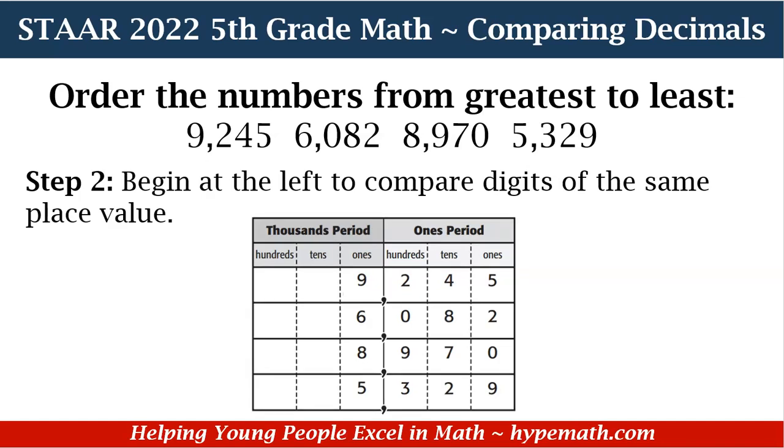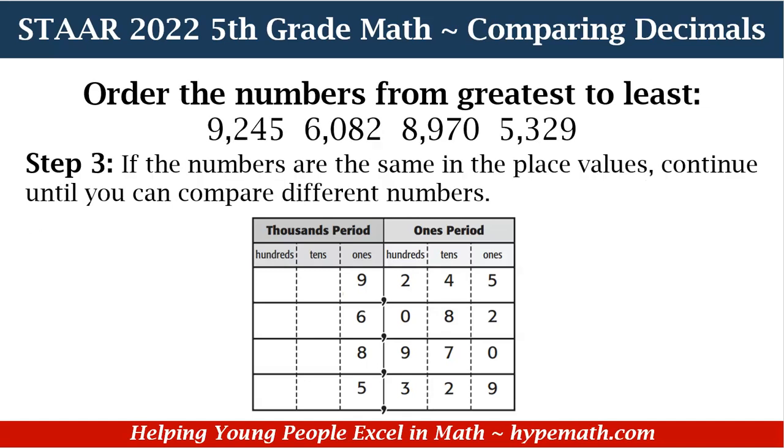We're going to begin with the furthest left place value, which is in our thousands place, and we're looking at the ones column. We see that there's a 9, 6, 8, and 5. We can skip step 3 because in looking at our numbers, there are no numbers that are the same.